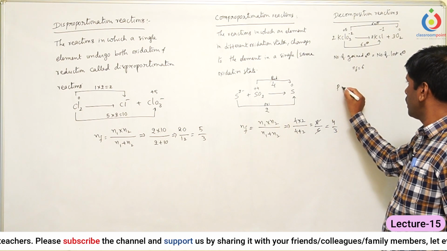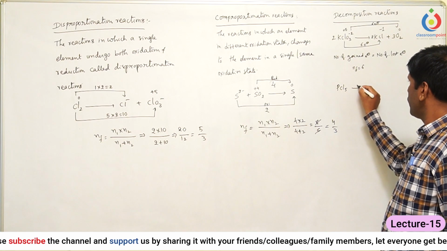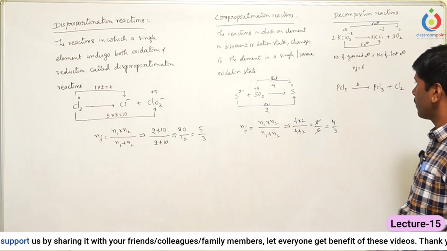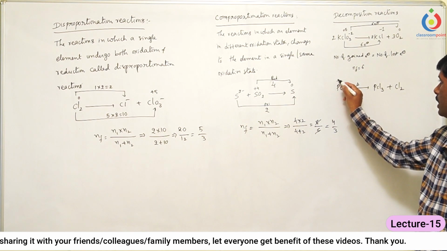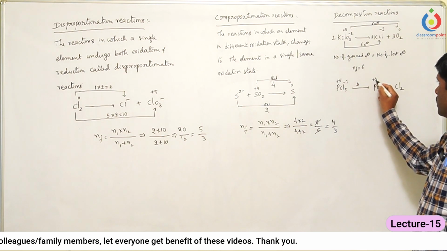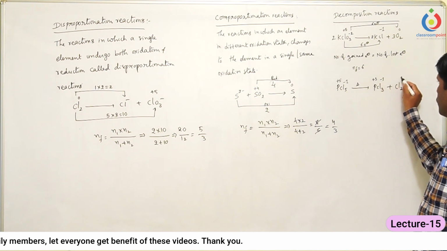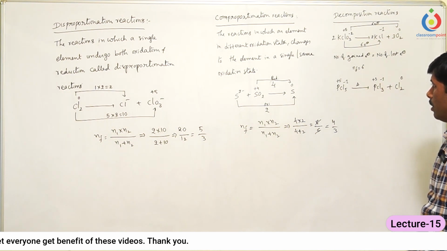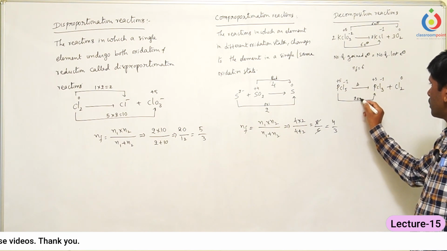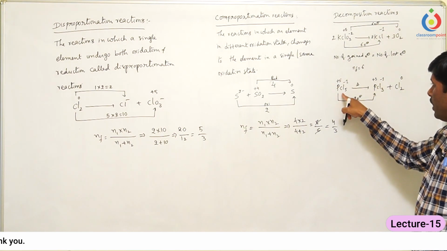Similarly, PCl5 when you heat changes to PCl3 plus Cl2. Phosphorus oxidation state plus 5, chlorine minus 1. Phosphorus oxidation state plus 3, chlorine minus 1, here it is equal to 0. So phosphorus gained 2 electrons. There are 5 chlorines.